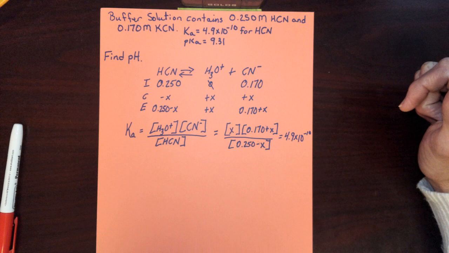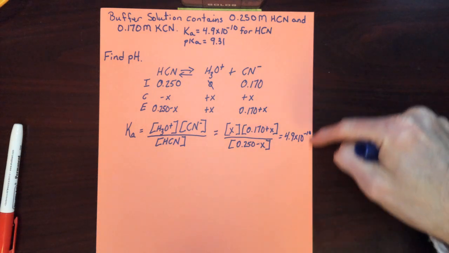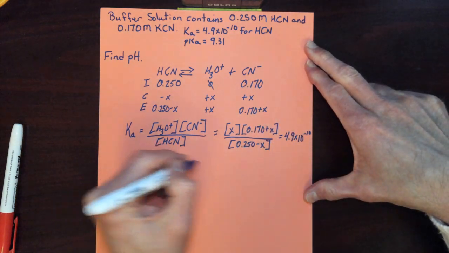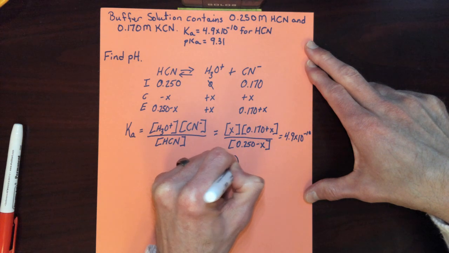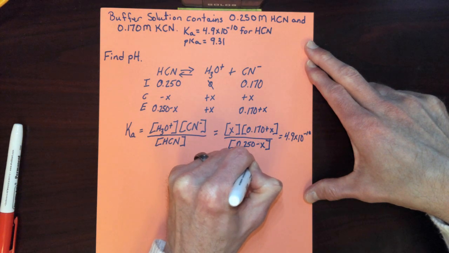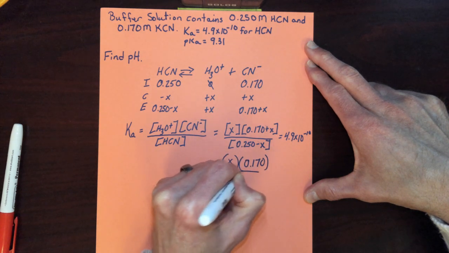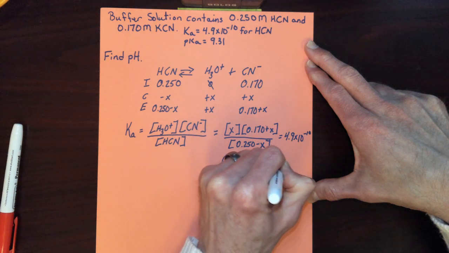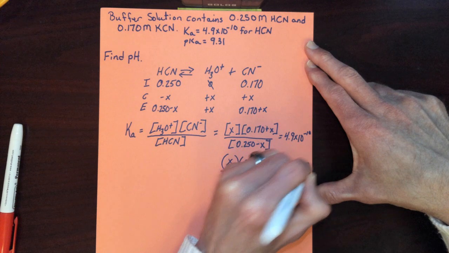If it's not less than 5%, then we typically re-solve this using the quadratic. So this is going to look like x times 0.170 over 0.250 equals 4.9 times 10 to the negative 10.